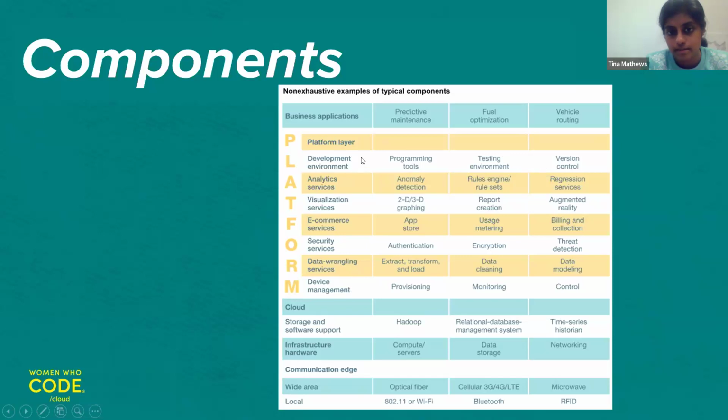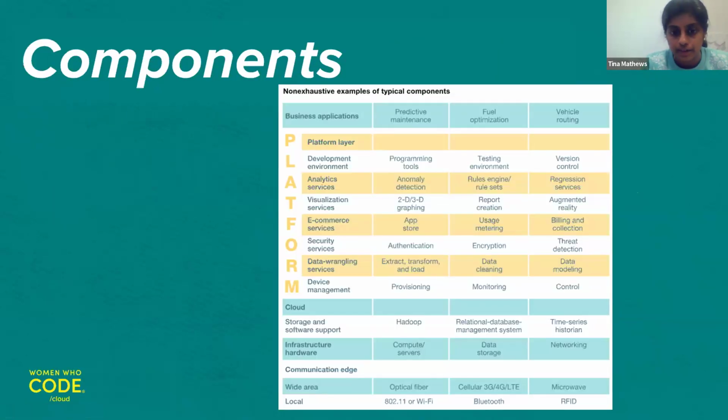Apart from that, once these devices are built, we need to provision them, monitor them, and control all these devices. Then depending on our business or our application, we would need to develop various services. It could be analytics, where you need to detect a fault or bind certain rules. Or if you're trying to capture some pictures through a camera, some kind of picturing or report creation. And if it's a security service, there should be more importance on authentication, encryption, and fault detection.